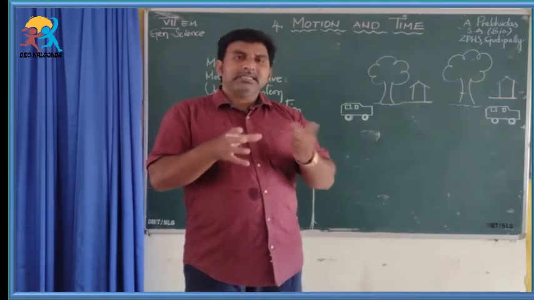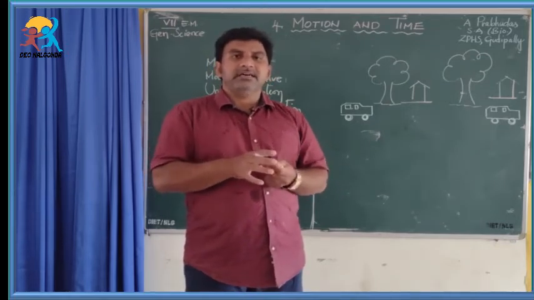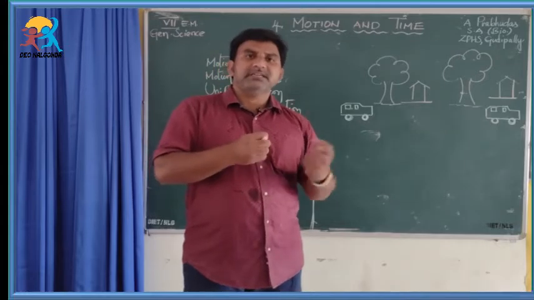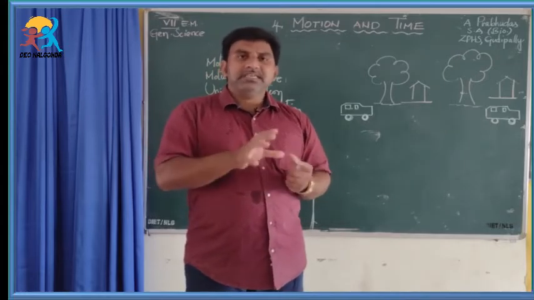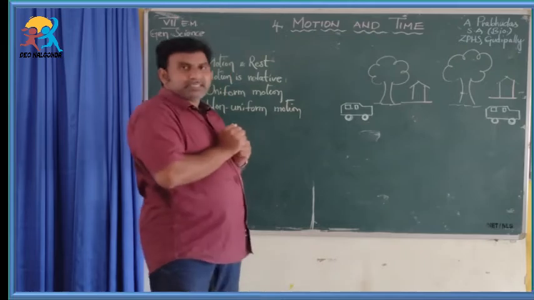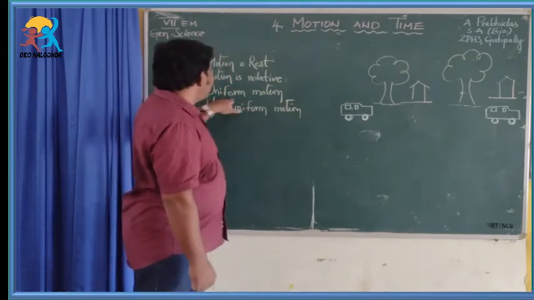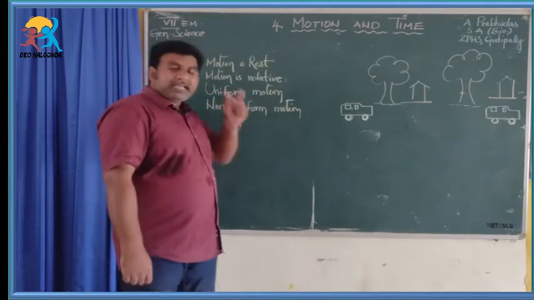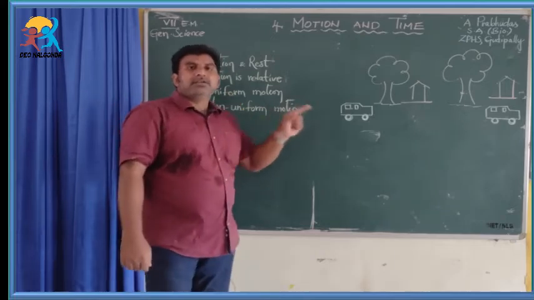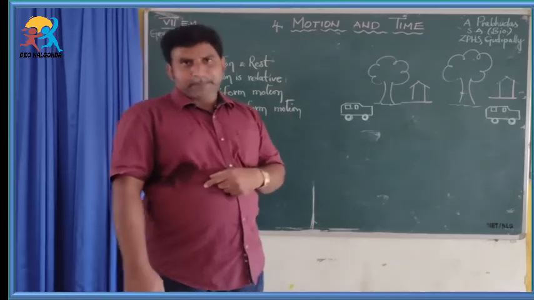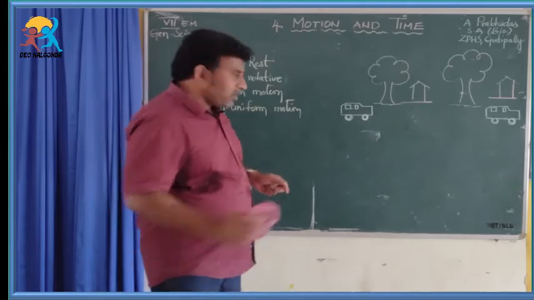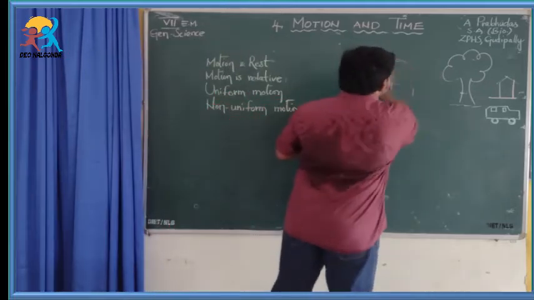So, motion depending on the speed of the object is of two types. One is uniform motion, the second one is non-uniform motion. I will draw a table here.